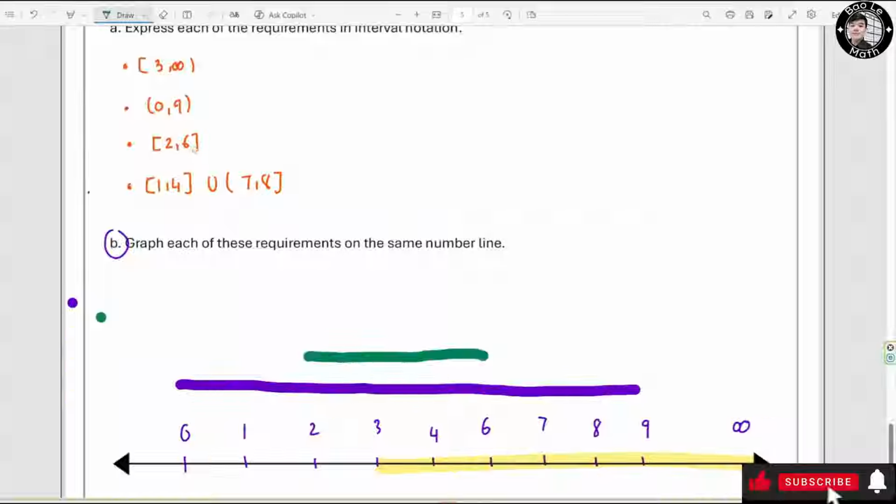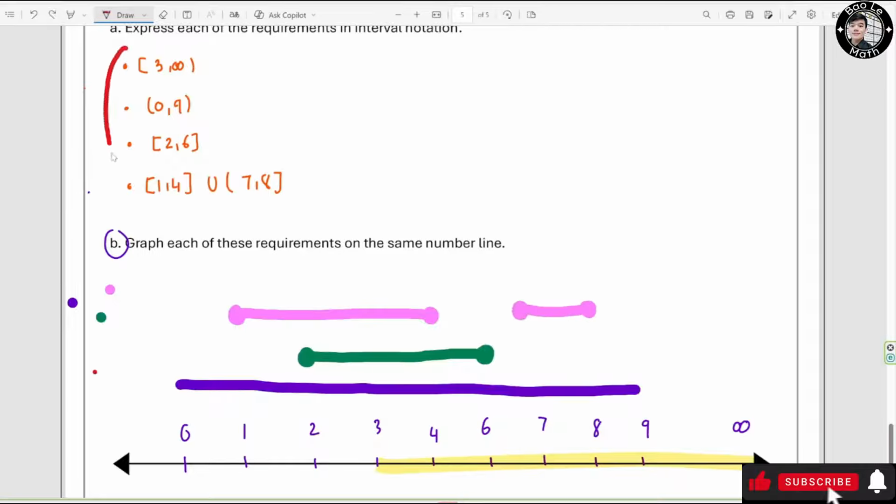We include 2 and 6, so we have the closed circle right here. Last, 1 to 4 is going to be right here. We include 1 and 4. Or 7, 8 is going to be right here. We include 7 and 8.